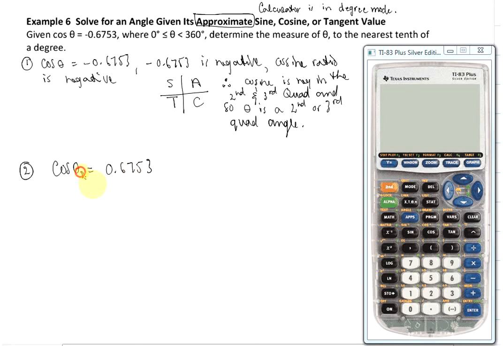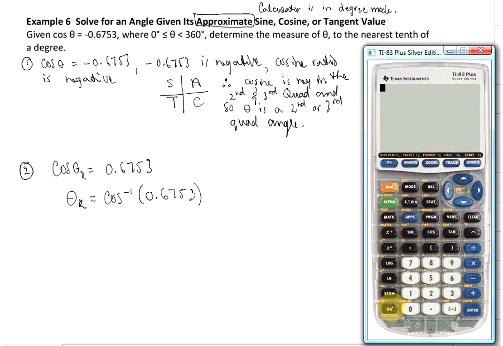So cos theta subscript r will be 0.6753. So theta subscript r is going to be cos negative 1 of 0.6753.